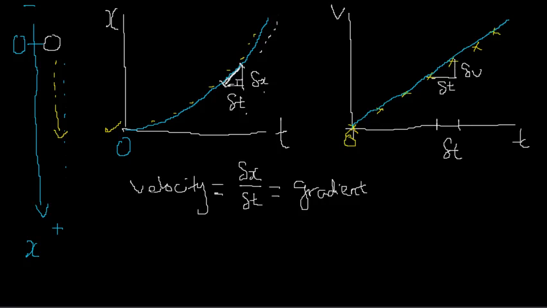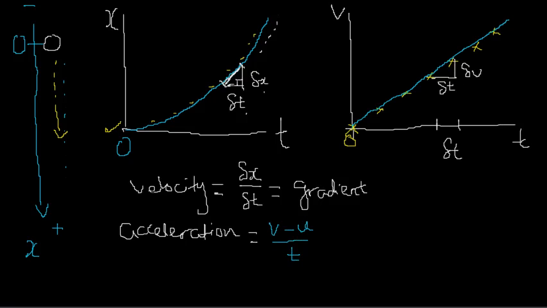So I'll call it that. Now we already know that acceleration is equal to the change in velocity. I've written this previously as v minus u over the time, final minus the initial velocity.